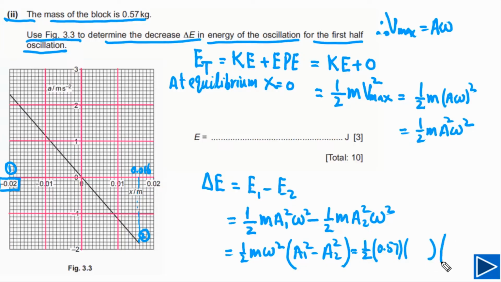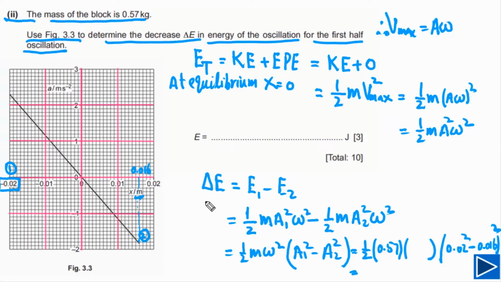A1 is 0.02. This is in meters, so we don't need to convert this. So squared, minus 0.016 squared.